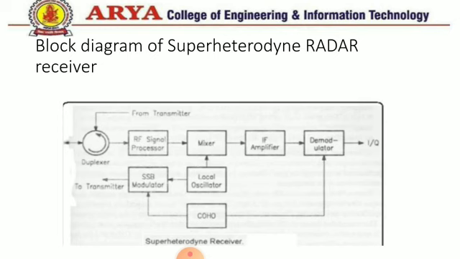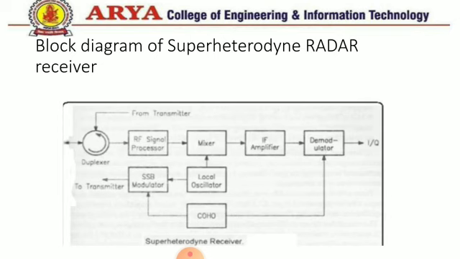Now here a duplexer is used. The function of the duplexer is to allow the antenna to be used either as a transmitting antenna or as a receiving antenna. When the antenna is used for both transmission and reception, we require a unit called a duplexer. When the antenna is controlled by the receiver unit, the duplexer allows the antenna to be used as a receiving antenna, and the antenna receives the echo signal along with some noise signal.